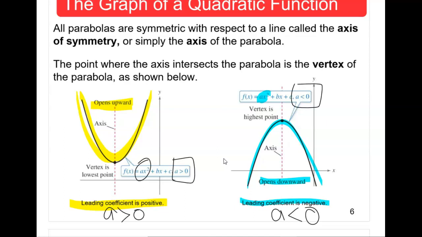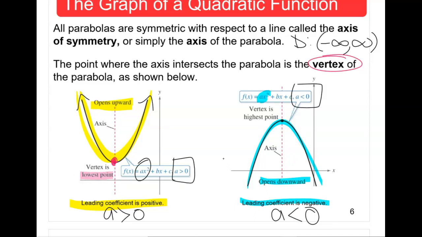Okay, so now if we have a parabola that is opening upward, and by the way, just to remind you, the domain is all real numbers. If the parabola is opening upward, what that means is that the vertex of the parabola is actually the lowest point.